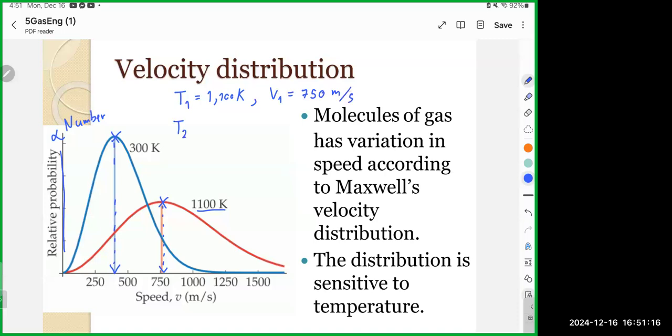While T2 at 300 Kelvin has the velocity of just around 300, oh sorry, 400 meters per second, right?